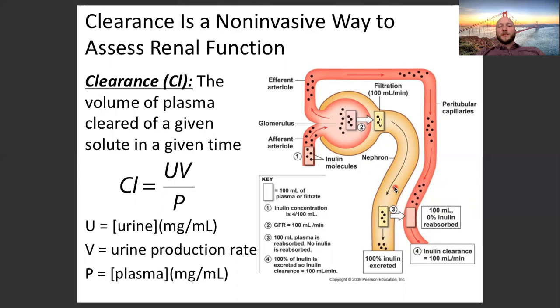No inulin gets secreted. Inulin is useful in a healthcare situation because it is not reabsorbed and is not secreted, but it does get filtered out. So if we can calculate inulin clearance, we can calculate glomerular filtration rate for that patient.